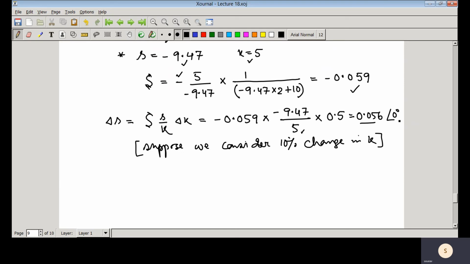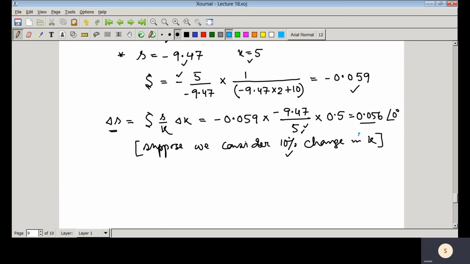So that means whenever your K is 5, and you consider 10% variation in 5, the closed loop pole will be shifted along the x-axis, so it moves towards right, 0 degree.